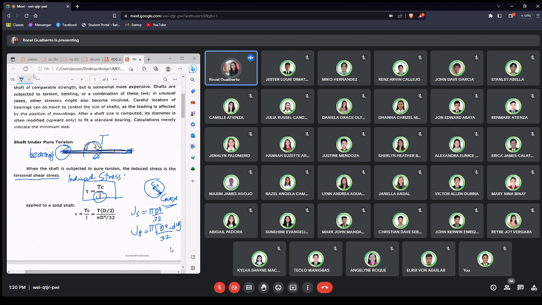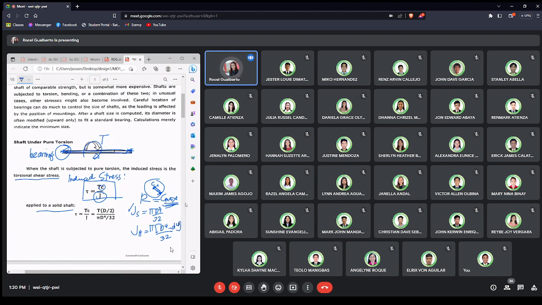Now, as we apply this to the solid shaft, we substitute J for solid, which is pi d to the fourth divided by 32. And again, the C that we want is the C maximum. If this is our solid shaft, your C maximum is equal to the radius, and radius is, of course, the diameter divided by 2.